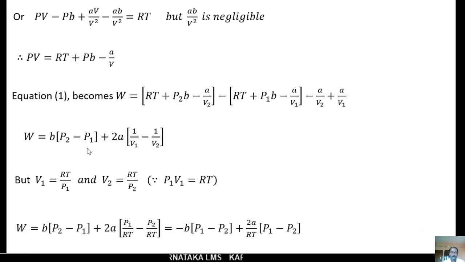Then this equation becomes W equals B into P2 minus P1 as it is plus 2A into, for V1 you substitute RT by P1, then it becomes P1 by RT minus P2 by RT, which is equal to minus B into P1 minus P2 plus 2A by RT, here RT take outside, into P1 minus P2.